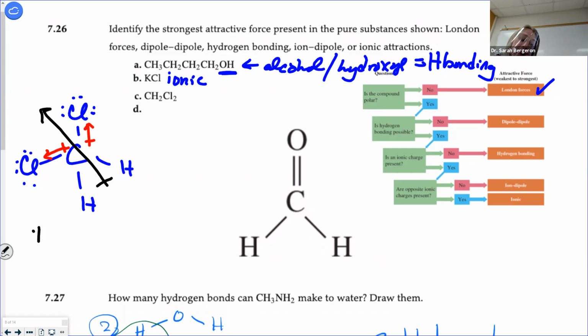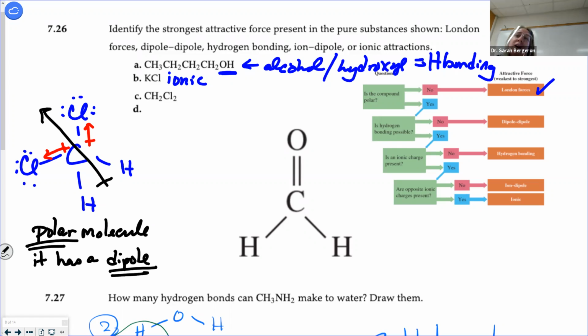Yes. So this is a polar molecule. That means that we have a dipole. If it has a dipole, guess what kind of interaction we can have? Dipole-dipole. Okay, so we said yes to dipole-dipole.